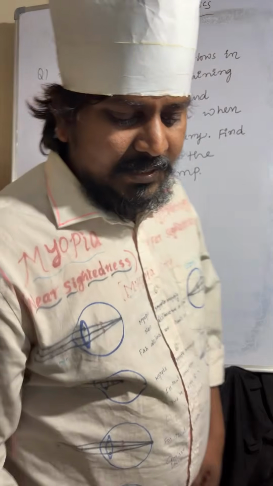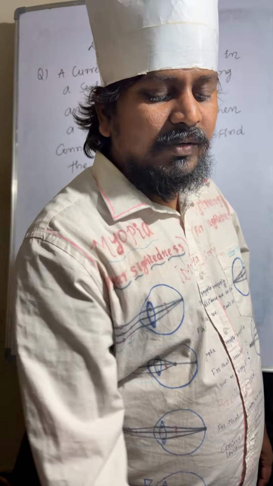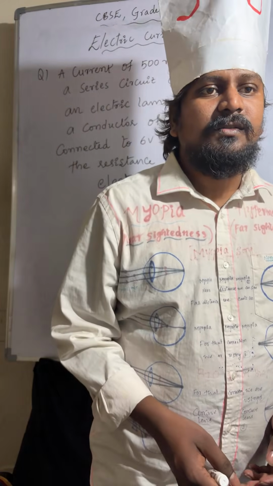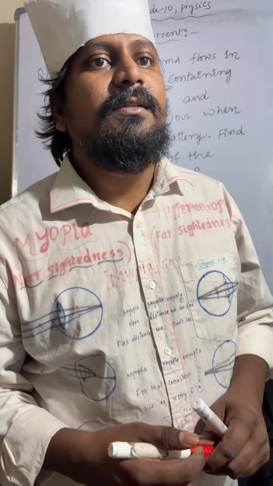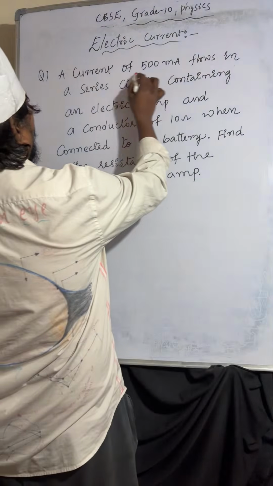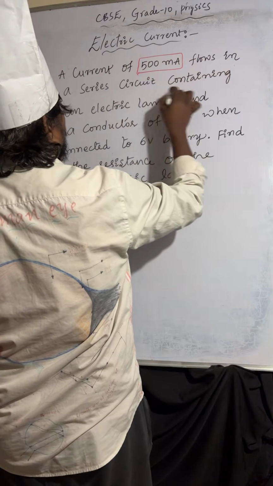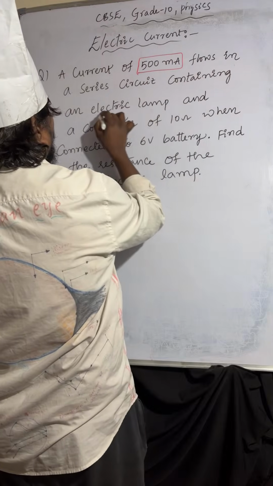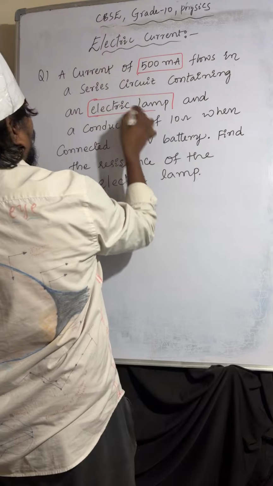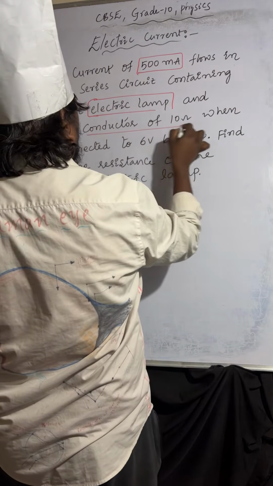So you can see here, you can observe. First, you have to understand what exactly they have given in the question. Okay, so check once here. A current of 500 milliampere flows in a series circuit containing an electrical lamp and a conductor.